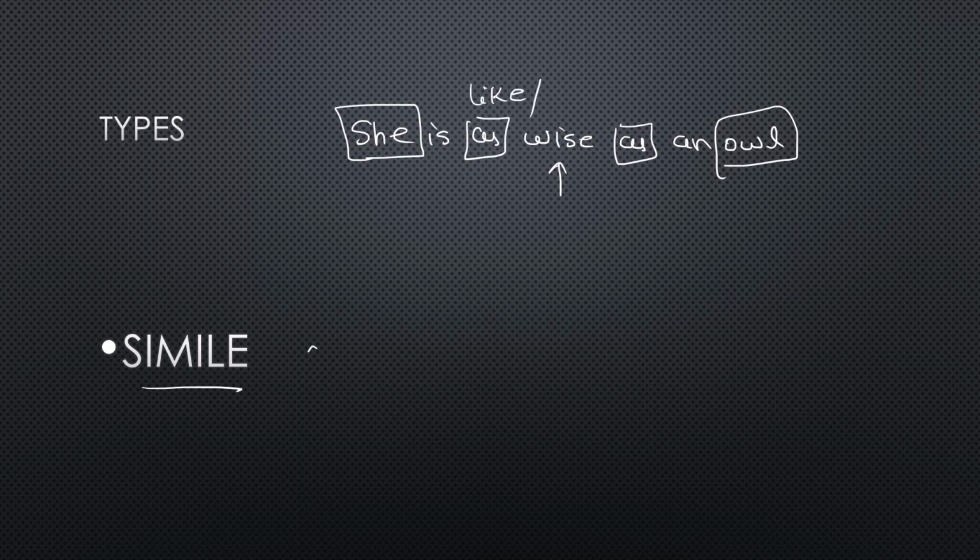So when we compare two different things, one is human here, another one is owl, and the characteristics on the basis of which they are being compared is this property, then we will say that simile device is used.